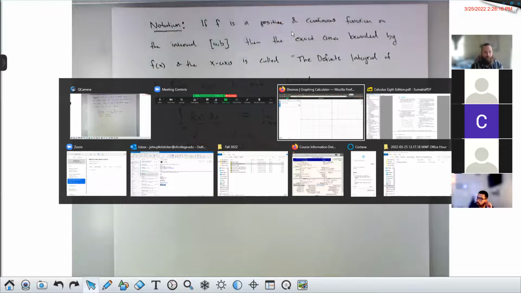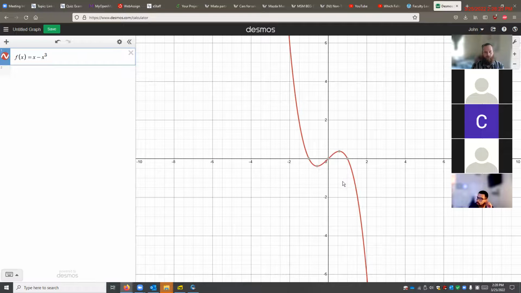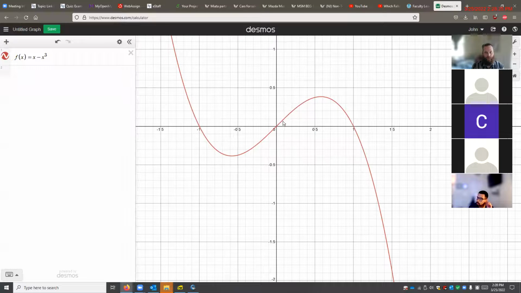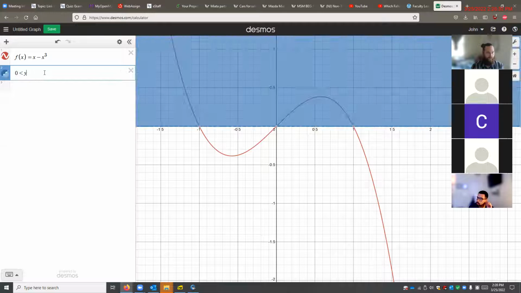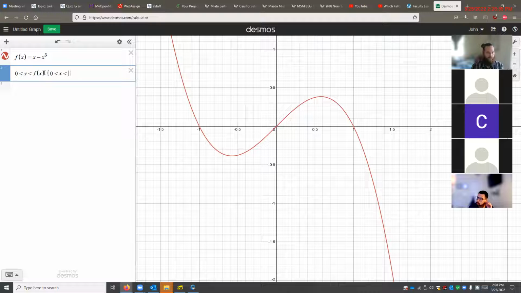So let me craft a fun function here. Let's find this area. Let's find the area underneath this guy, right here. And let's find it exactly.